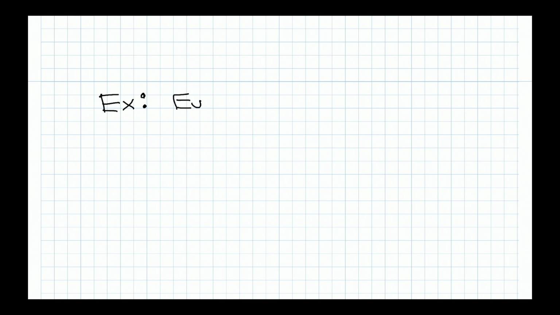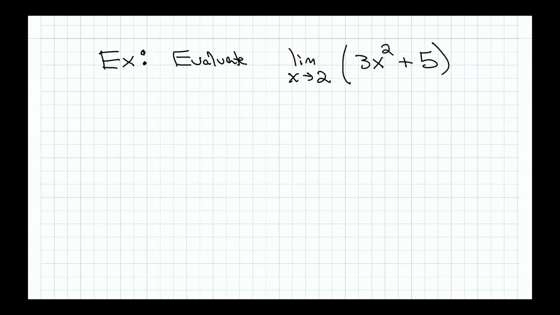So evaluate the limit as x approaches 2 of, let's say, 3x squared plus 5. I'm going to use the rules that we know. I'm just rewriting it: 3x squared plus 5.